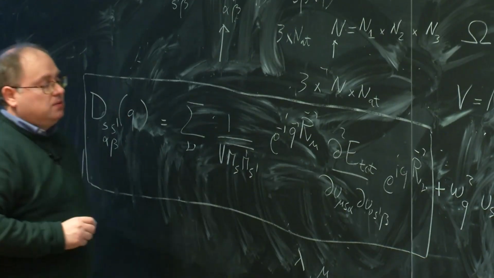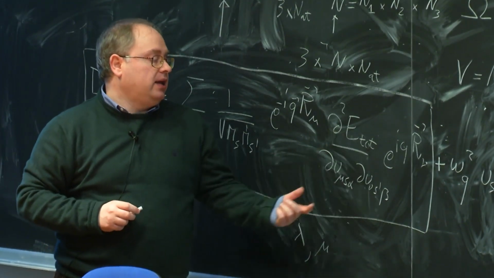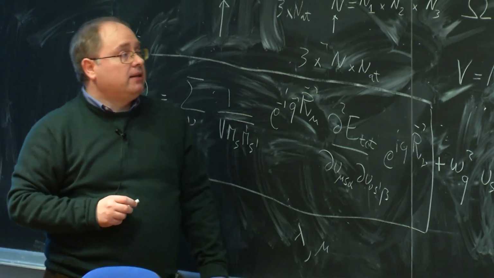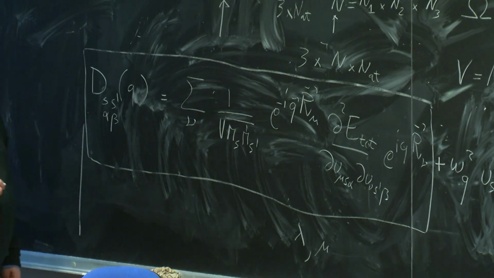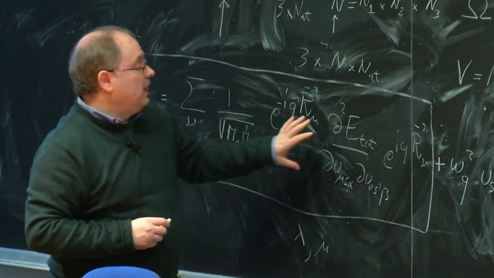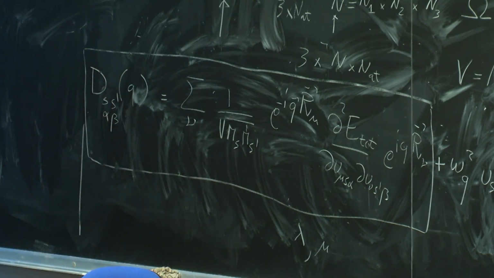And once we have learned how to calculate the second derivative with respect to two generic parameters that enter in the Hamiltonian, we can use this formula and find the expression for the dynamical matrix.